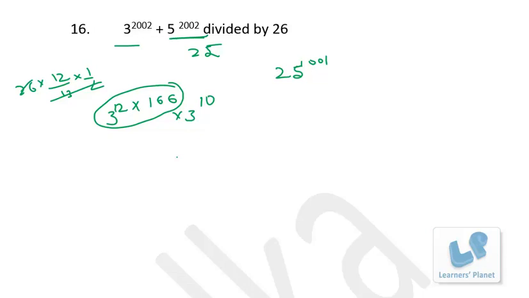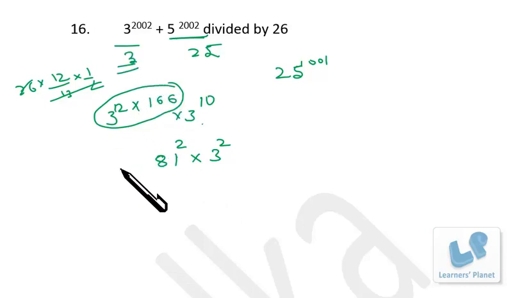So 3 raised to 10 is 81 raised to, 3 raised to 4 is 81. So 81 raised to some power, so 26 into 3 is 78, so it's 3 square. So further, 9 into 9 is 81, so the final remainder is 3.